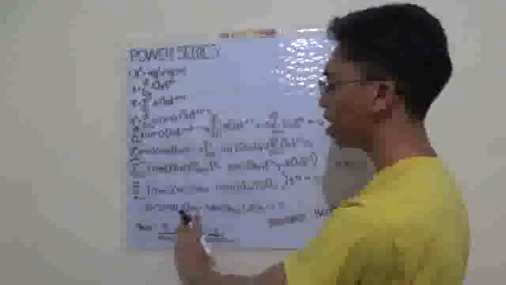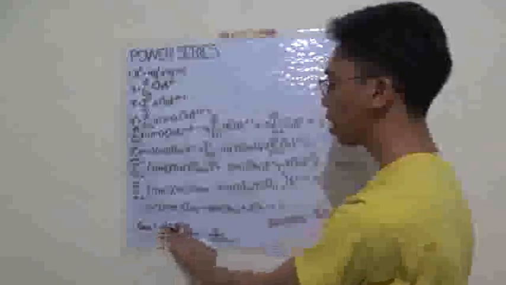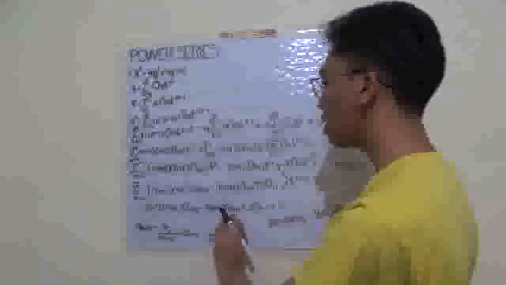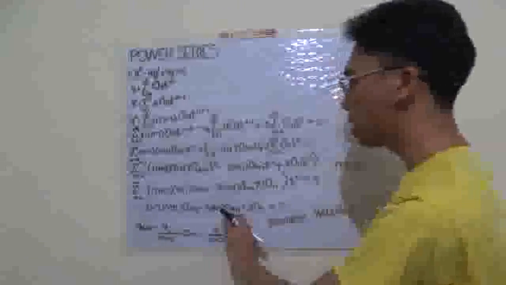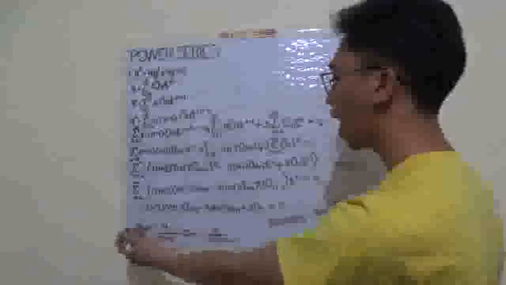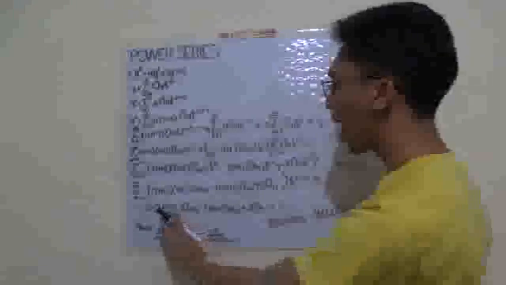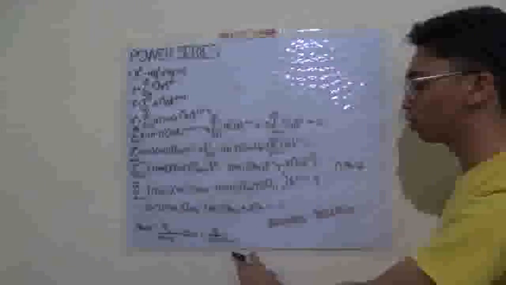So we have a sub n plus 2 equal to 4 a sub n plus 1 over n plus 2, minus 3 a sub n over n plus 1 times n plus 2. And we have our recursion relation equation.